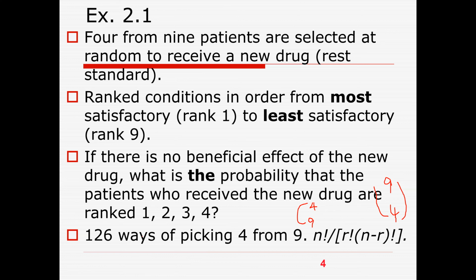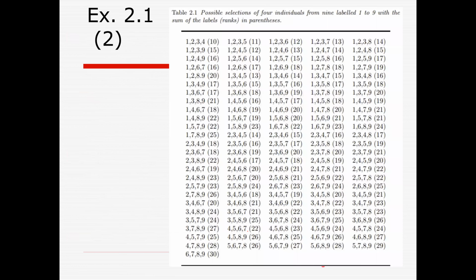So if the new drug has no effect, then the 4 patients ranked as 1, 2, 3, 4 is just a 1 over 126 chance, as equal as other ranked results, right? Here in this table, they list all the 126 ranking results of the 4 patients.